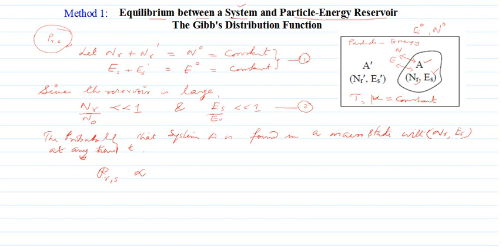So for mathematical convenience, we are considering the probability that our system is having energy ES and particle number NR with the corresponding number of microstates of the reservoir.